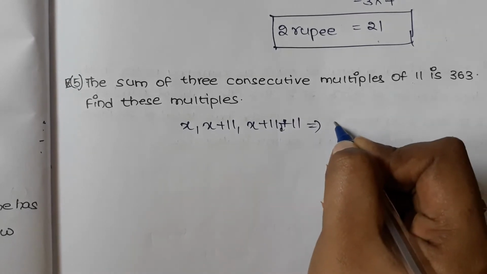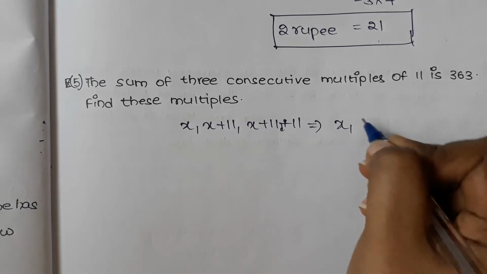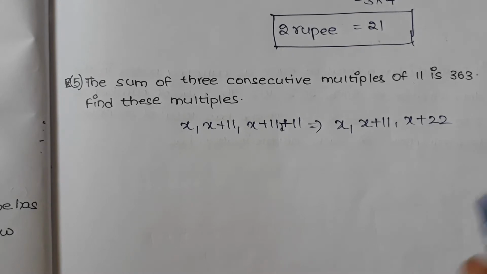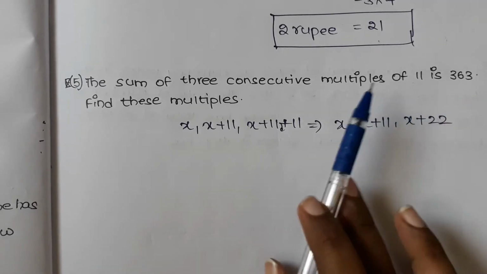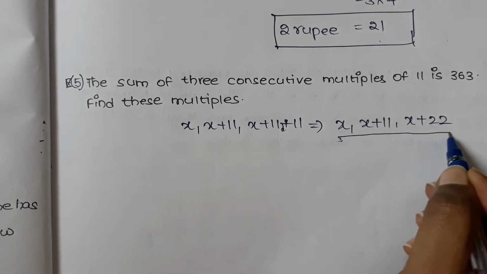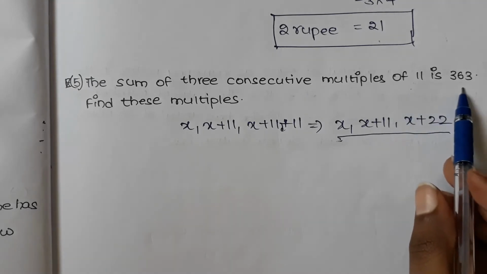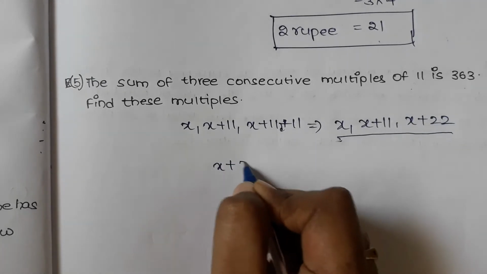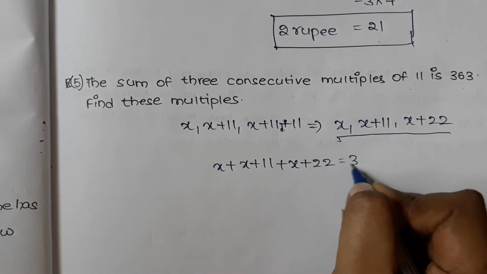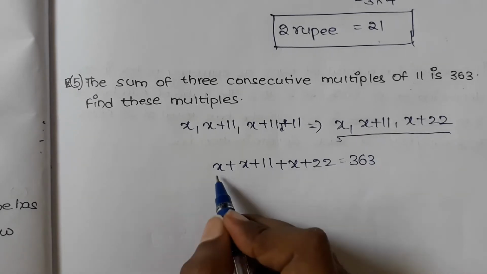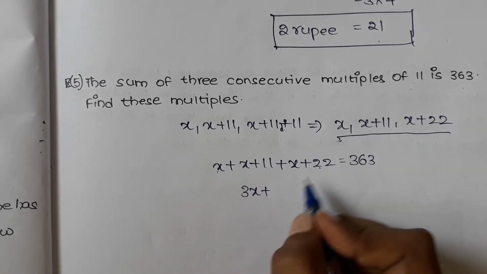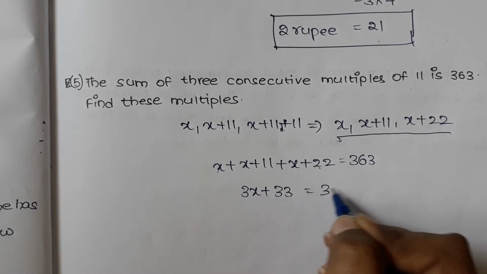That implies the 3 consecutive multiples of 11 are x, x plus 11 and x plus 22. They have given that the sum of these 3 consecutive multiples is 363, so x plus x plus 11 plus x plus 22 equals 363, and now 3x plus 11 plus 22, that is 33, equals 363.